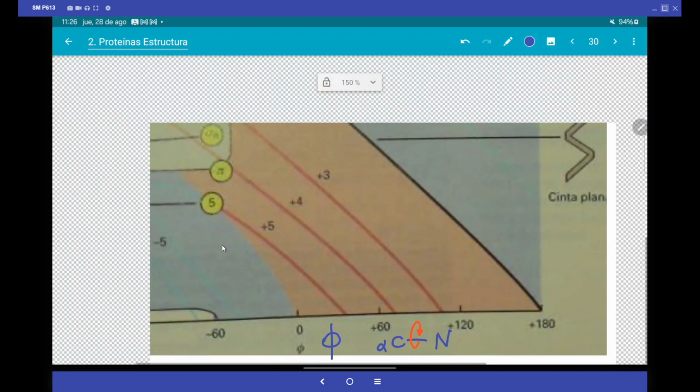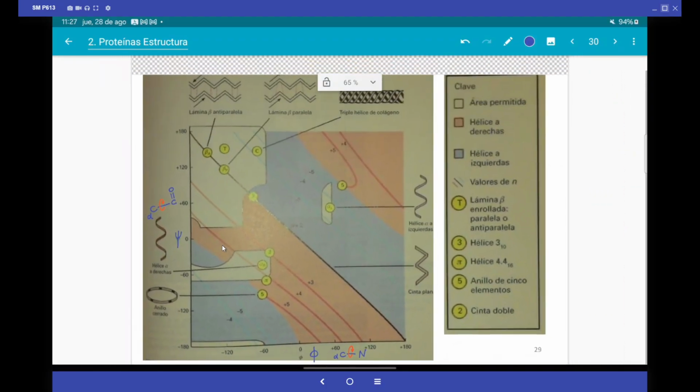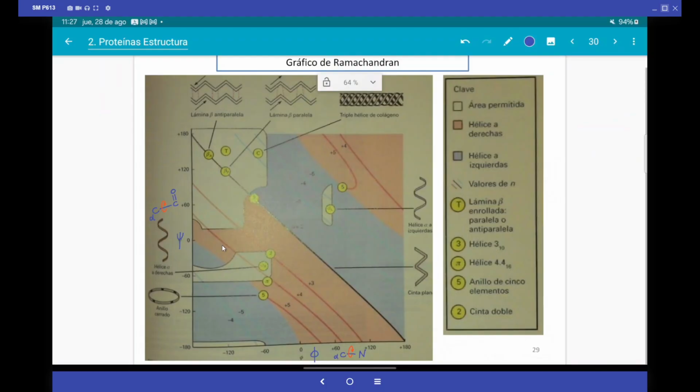Well, what Ramachandran did was make an analysis of all the existing proteins and found that most of the existing proteins of living beings, natural proteins I am talking about, have their dihedral angles within these regions. Look at the uncolored ones.